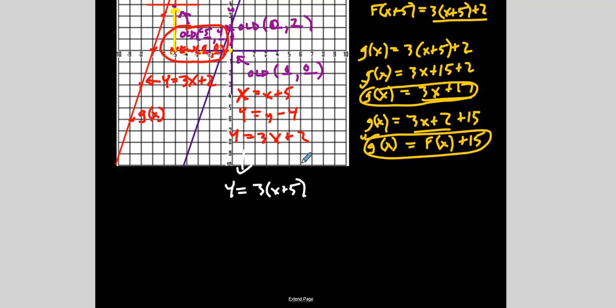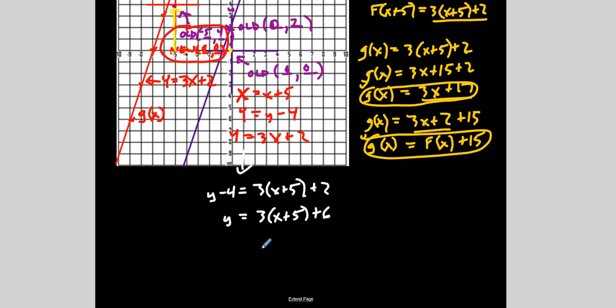And then this is going to be plus 2. Now I should have replaced big Y with little y minus 4 right here. So now I can write y equals 3 quantity x plus 5 plus 6.